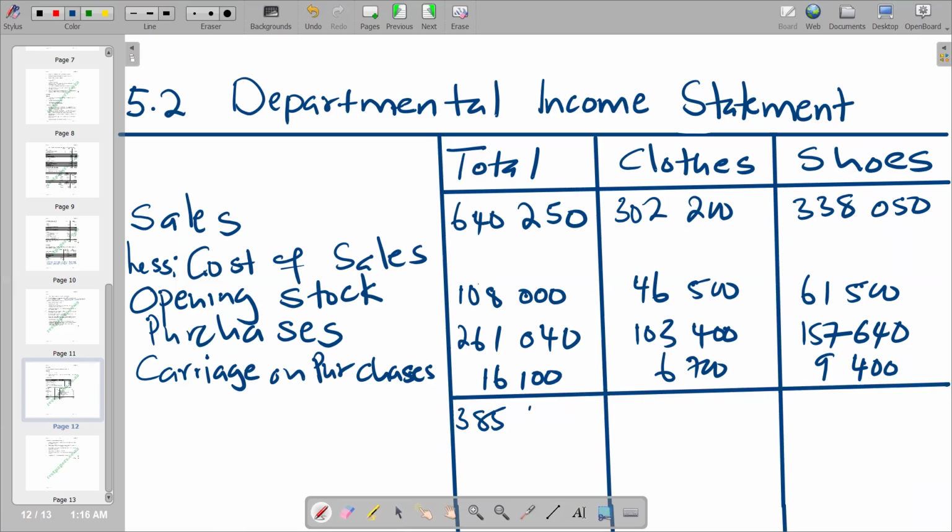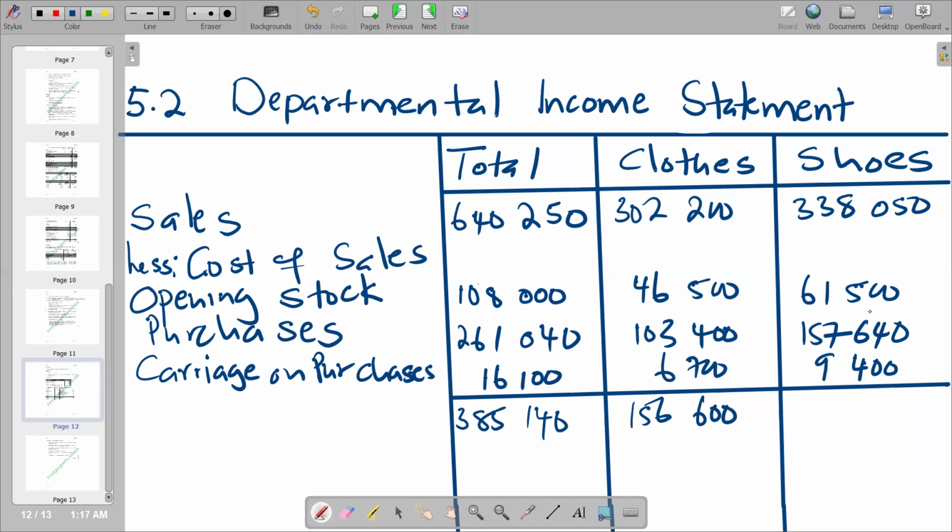So we do the same thing for clothes, we add 46,500 plus 103,400 plus 6,700. And we get a total of 156,600.